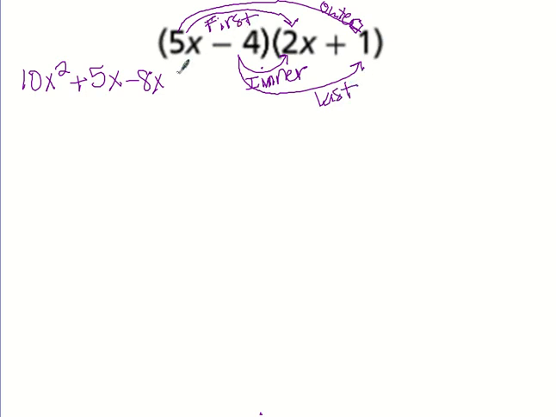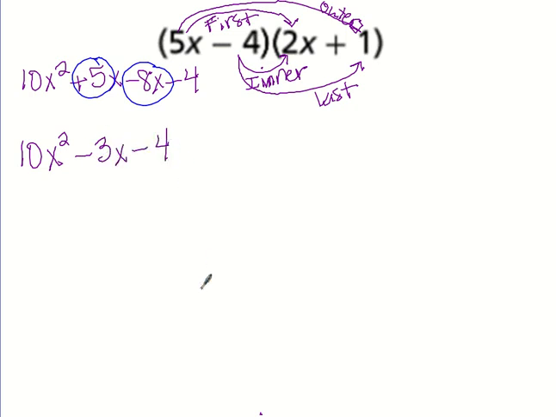And negative 4 and positive 1 is negative 4. And then we do the same thing as we just did. And we get 10x squared minus 3x minus 4.